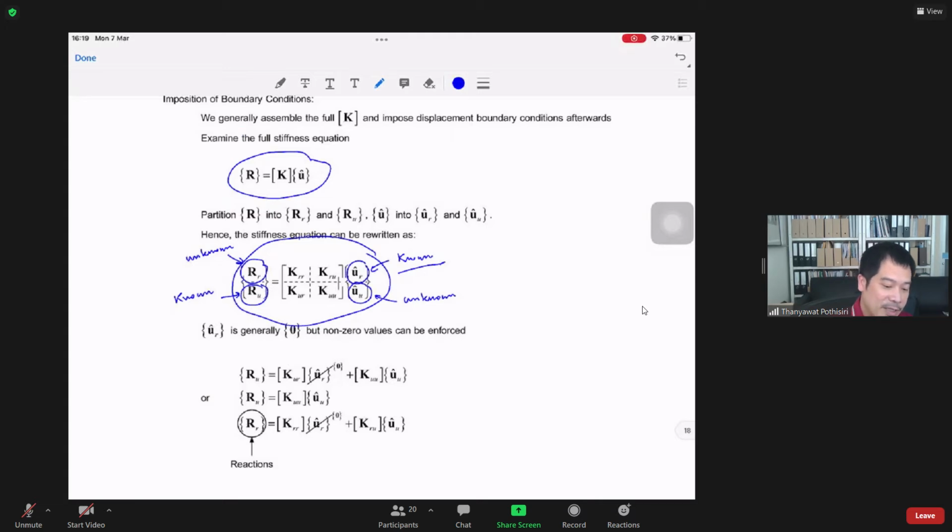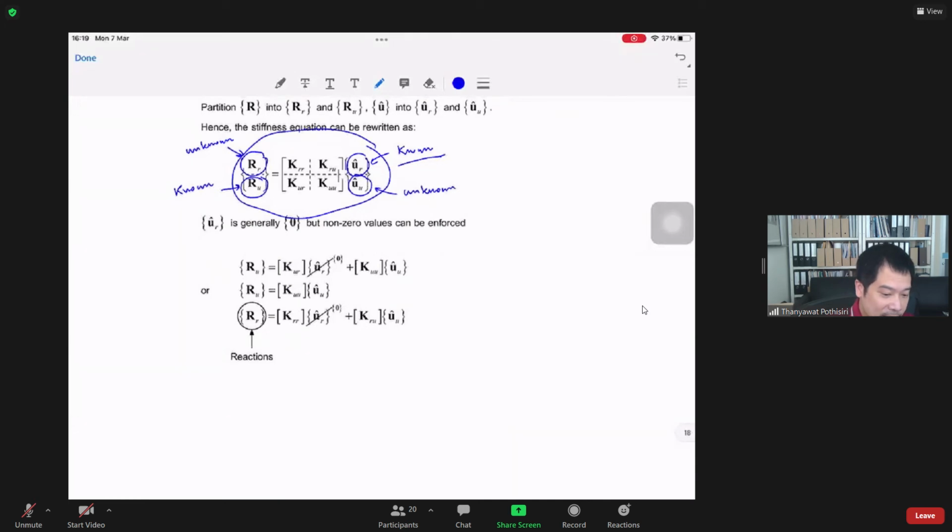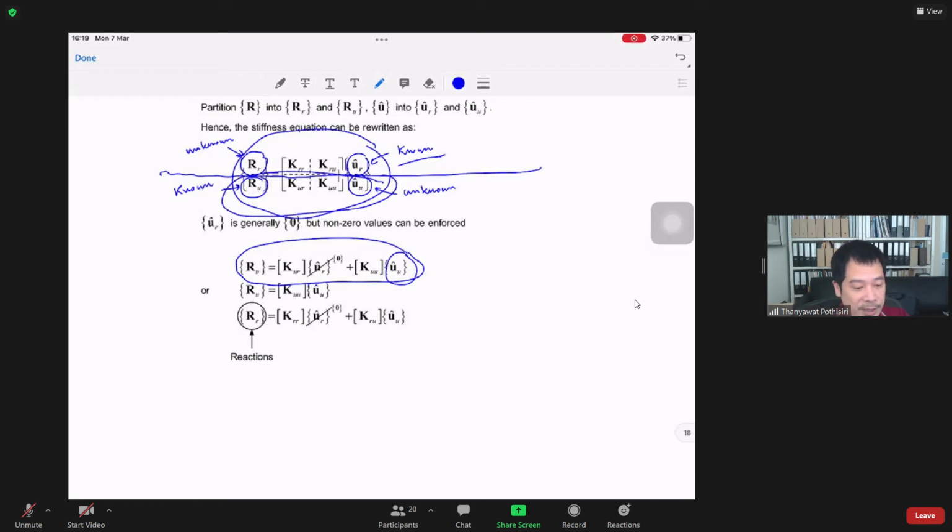So you can solve this system of equations by trying to solve them in proper order, right? So you can try to solve this equation first, this part of the partitioned matrix equation, to obtain the unknown displacement. So this part comes from this part right here, the lower part of this equation.